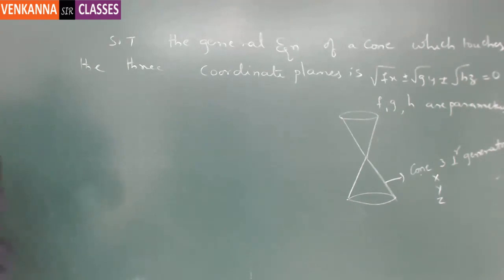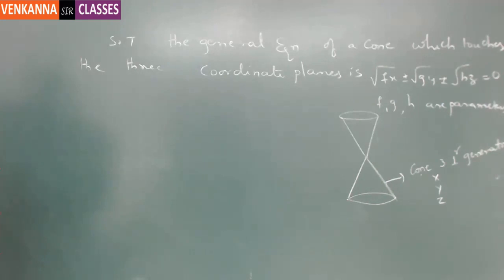We have done a problem on this. If the cone is passing through the three coordinate axes, then what will be its equation?